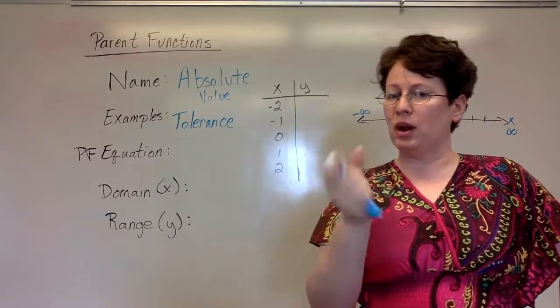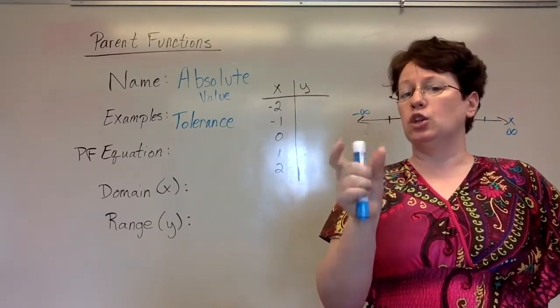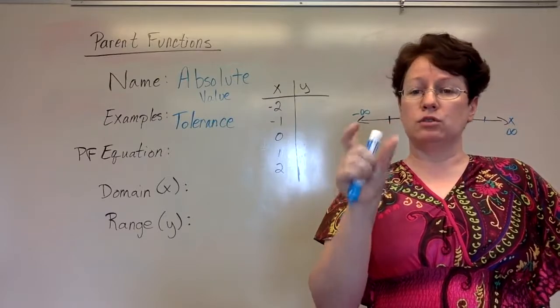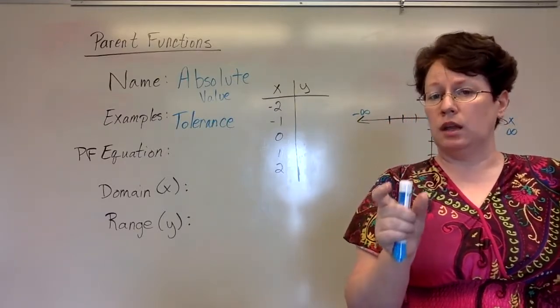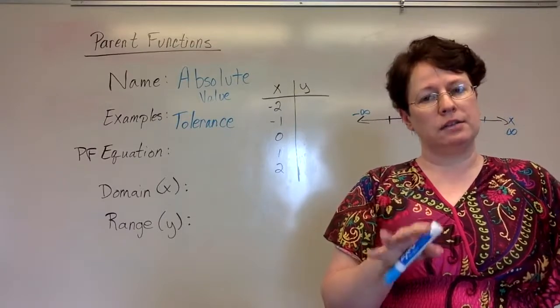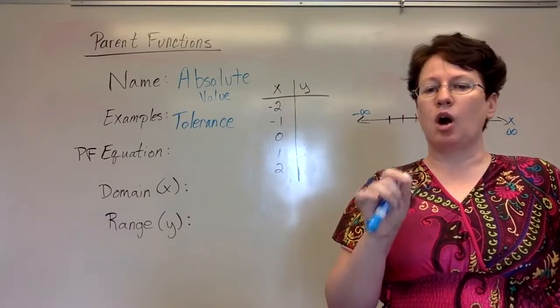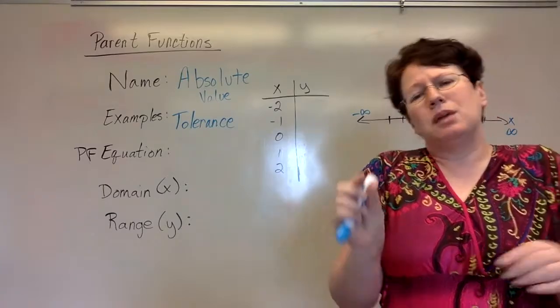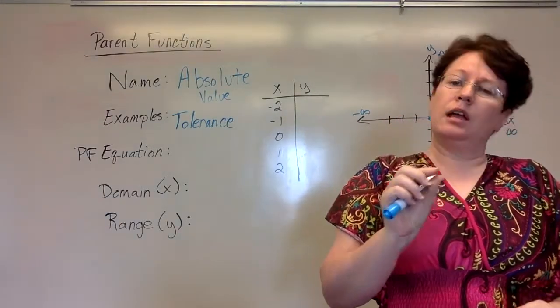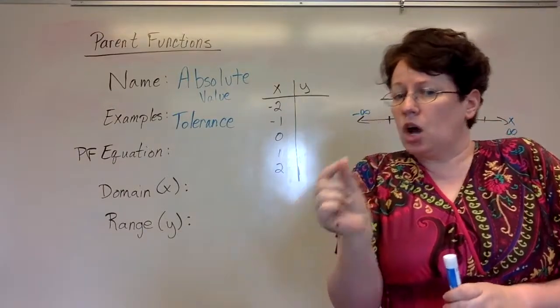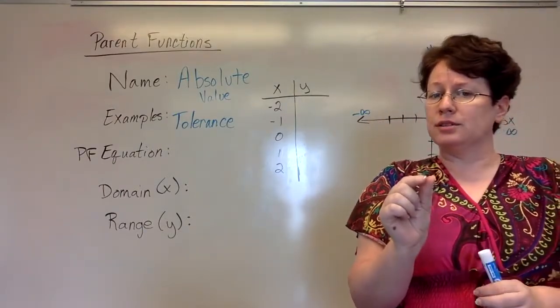You can go to the store and buy that screw, and you'll know that the threads for that screw, if they say it's a certain measurement, that it's always going to be there. Well, I hate to break it to you, but it's not always perfect. It might be a little bit off one way or the other.